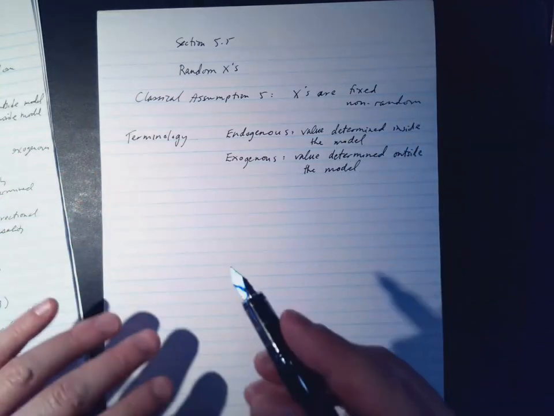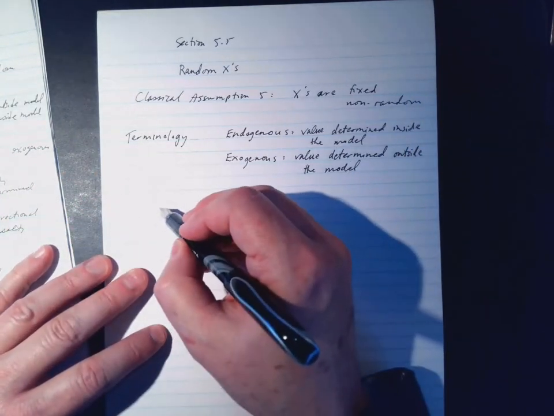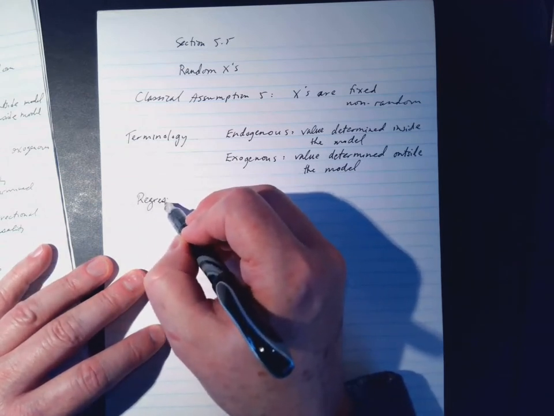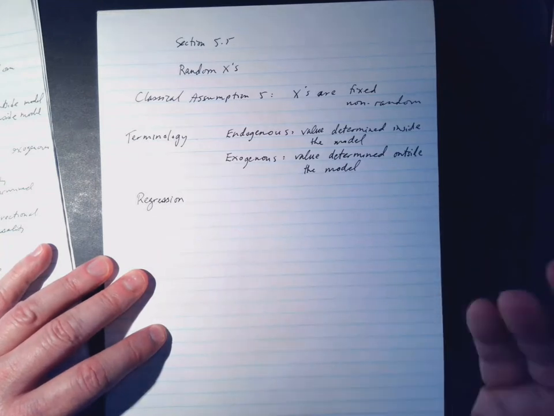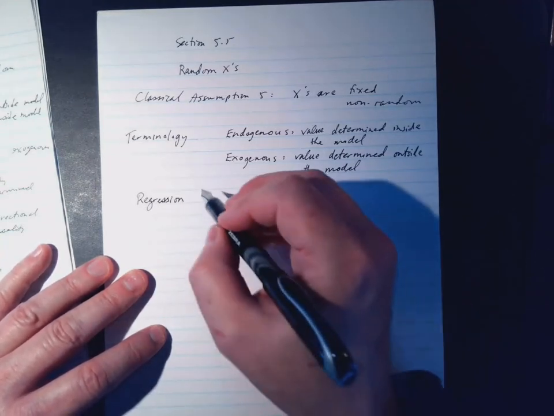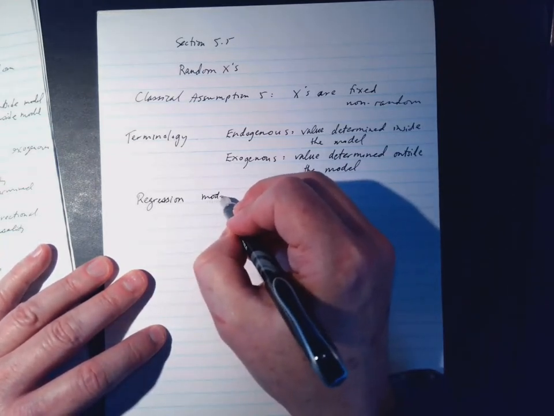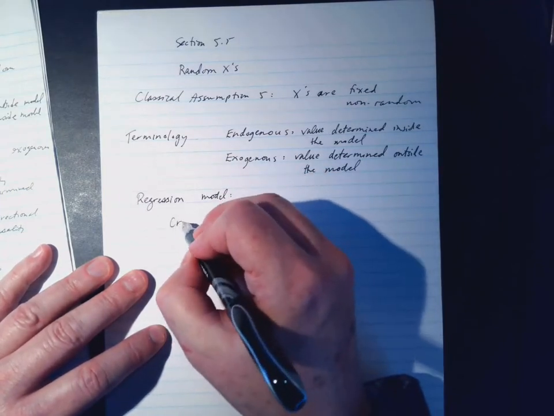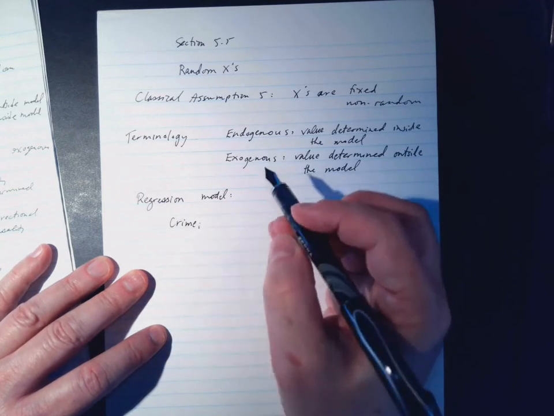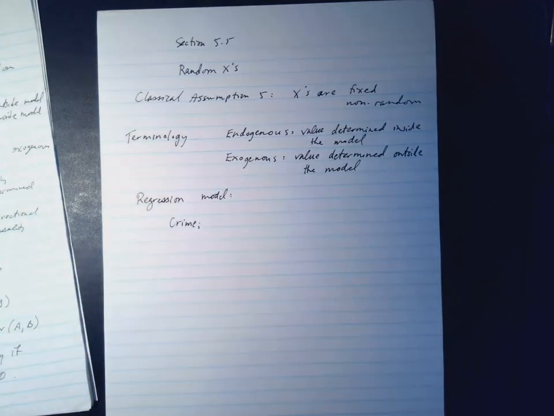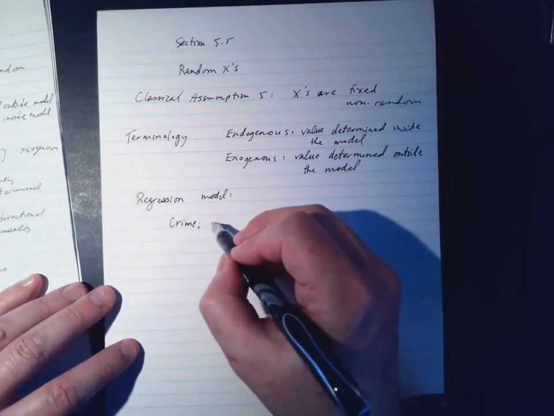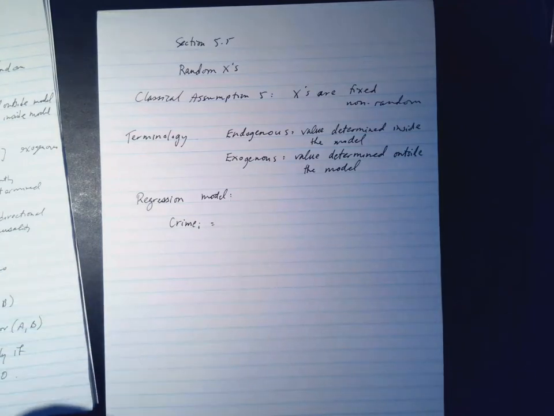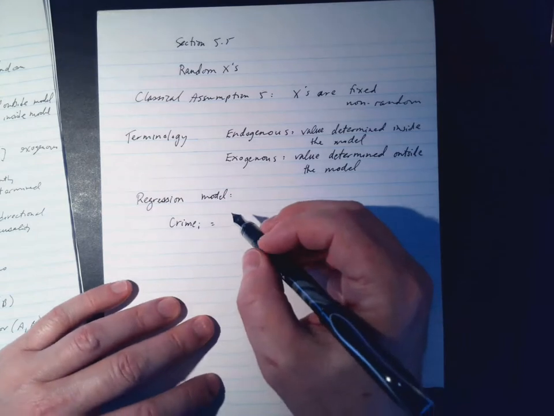So, okay, what does that mean? Well, let's say that we have a regression equation, and we're going to do a regression model to investigate whether policing reduces crime. So we've got observations on crime rates in neighborhoods all across the country, and we have data on the number of police officers stationed.